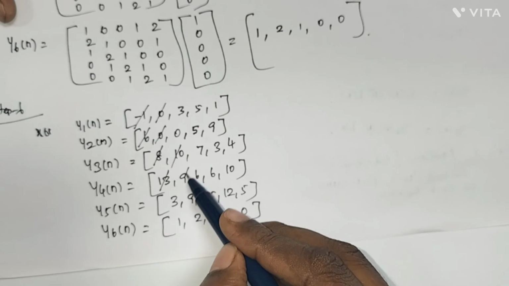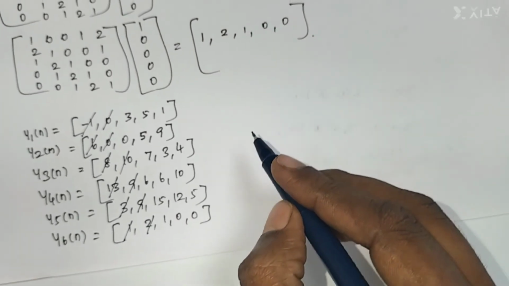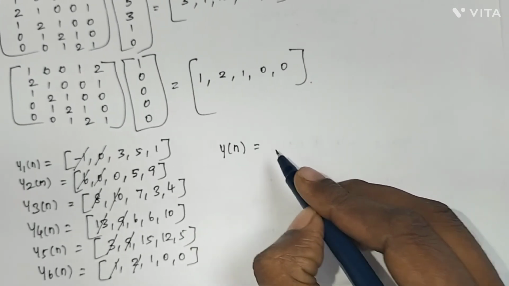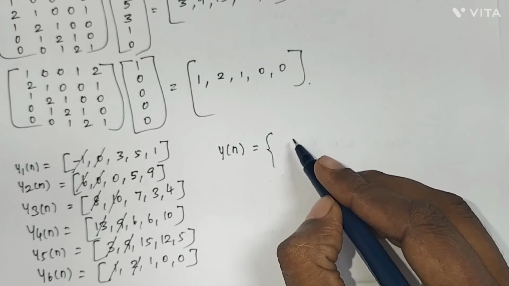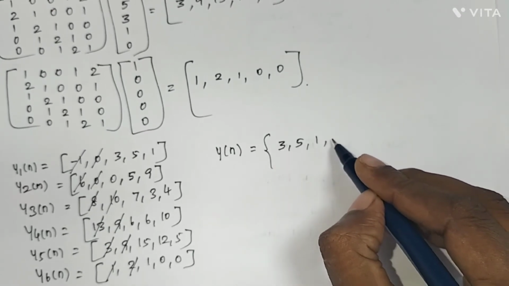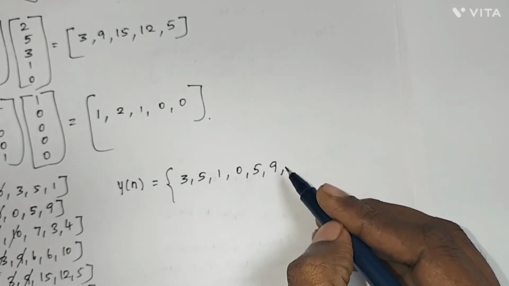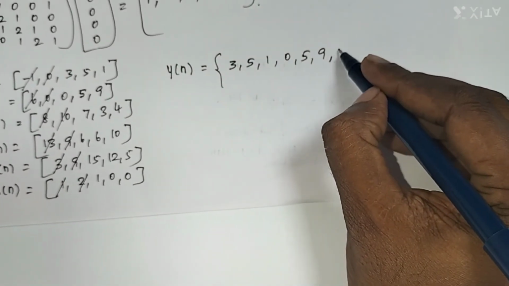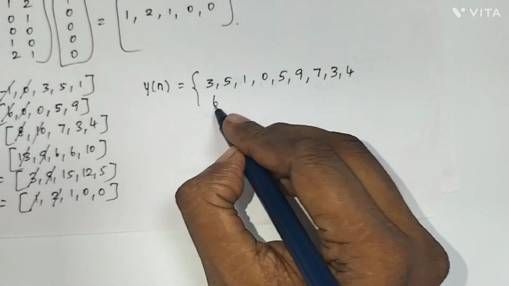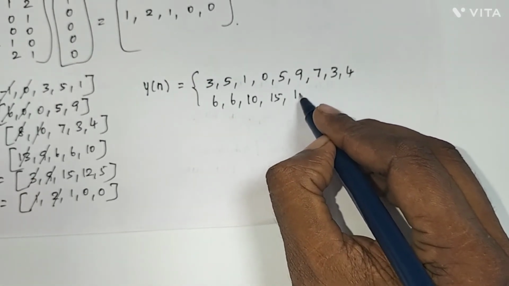So you have to write the output sequence as the undiscarded terms, that is 3, 5, 1, 0, 5, 9, then 7, 3, 4, 6, 6, 10, 15, 12, 5, then 1, 0, 0.